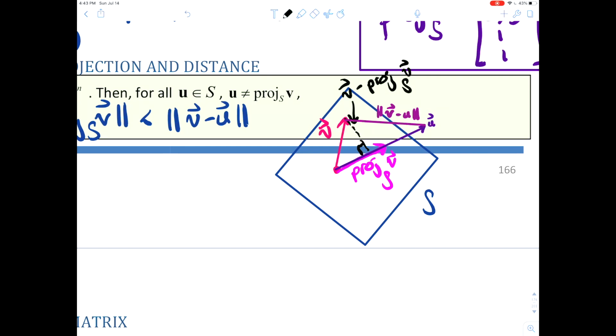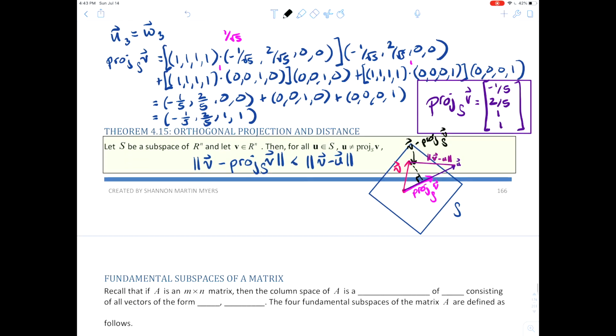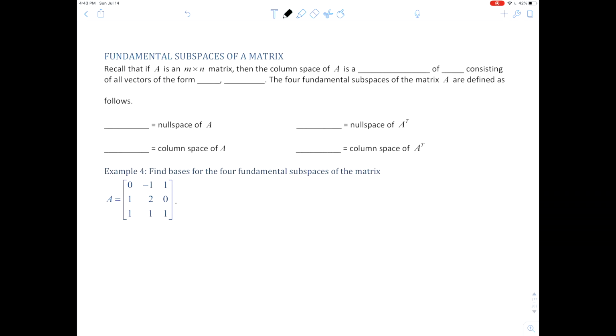All right. So, next up, let's talk about fundamental subspaces of a matrix. Recall that if A is an m by n matrix, then the column space of A is a subspace of what? Beautiful, Rm, consisting of all vectors in the form A times X, where X belongs to Rm.